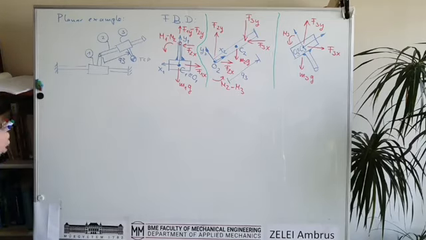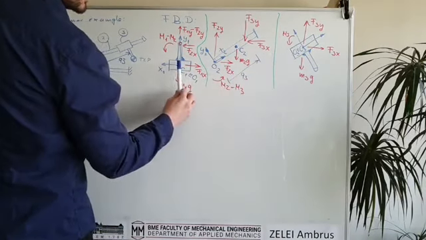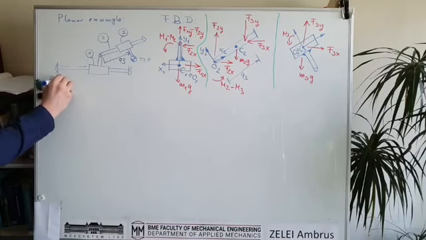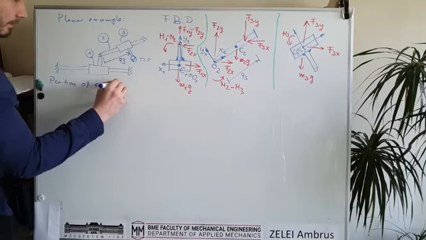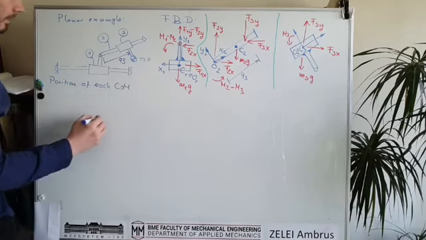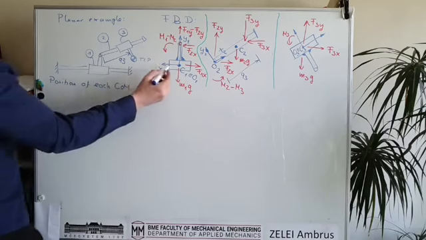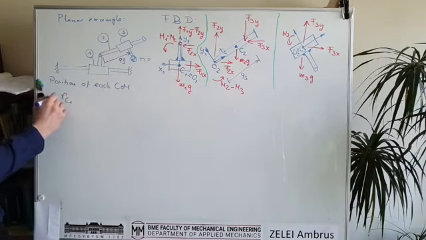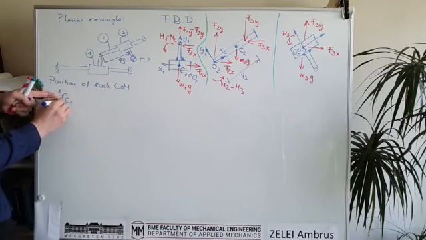Okay, but if we want to calculate the acceleration for each center of mass, first we have to take the position of the center of mass point. So first we take the position of each center of mass point, and in the first figure we see that the position of the first center of mass is given in its own local frame. Okay, it is very important.